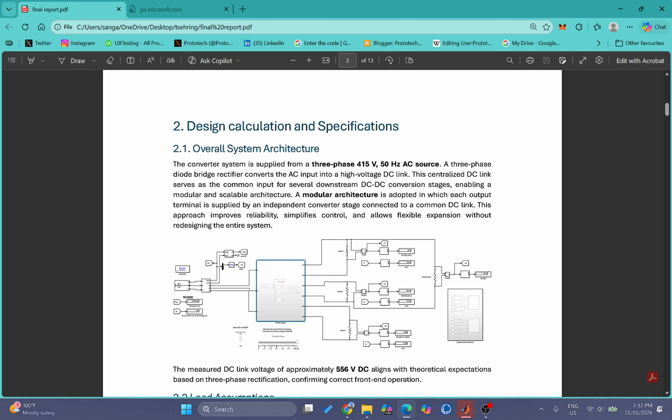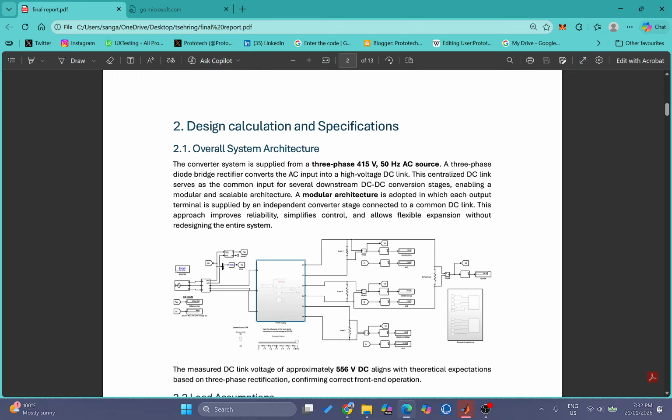The motivation first. Modern industrial systems rarely operate with just one DC voltage level. In practice, you may need a low voltage, high current supply for control circuits, medium voltage supplies for power electronics, and high voltage, low current output for specialized loads.